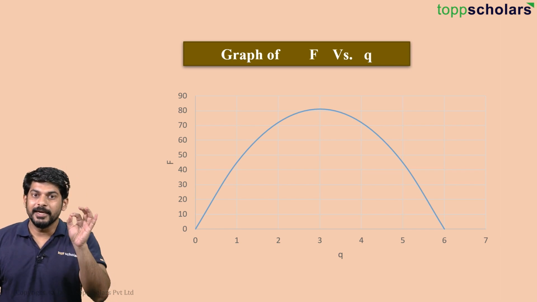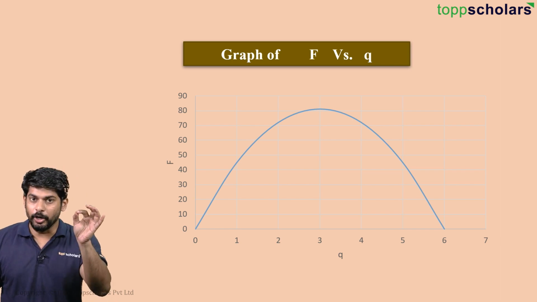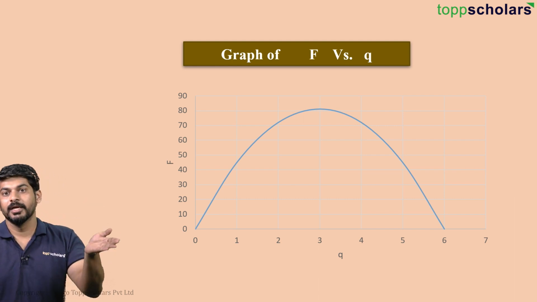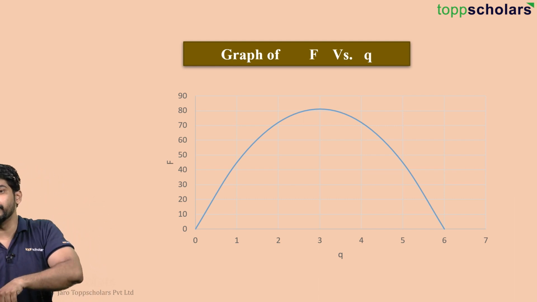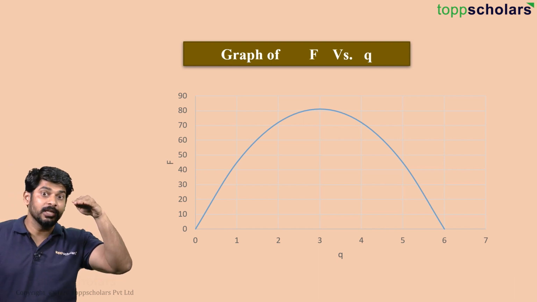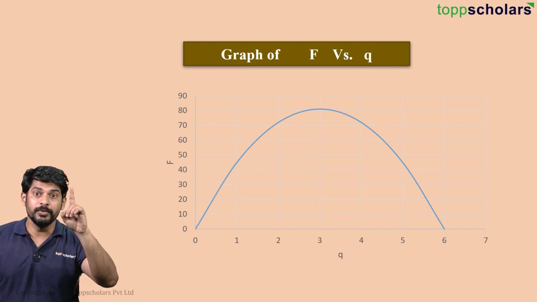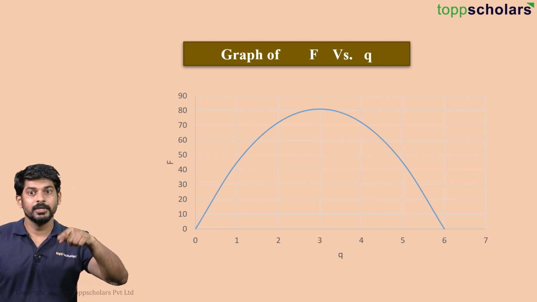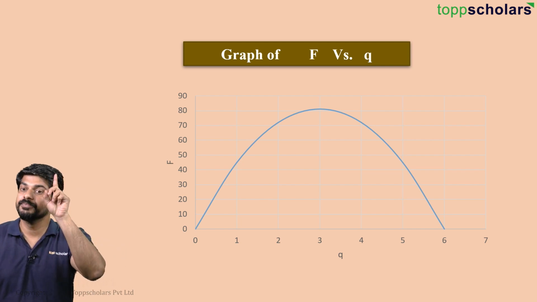That means dF upon dq, the rate of change of F with respect to q, is initially positive, then afterwards it is negative, but there will be a point at the top where the slope will be 0. Initially it is positive, then it is negative, then at the middle it will be 0.